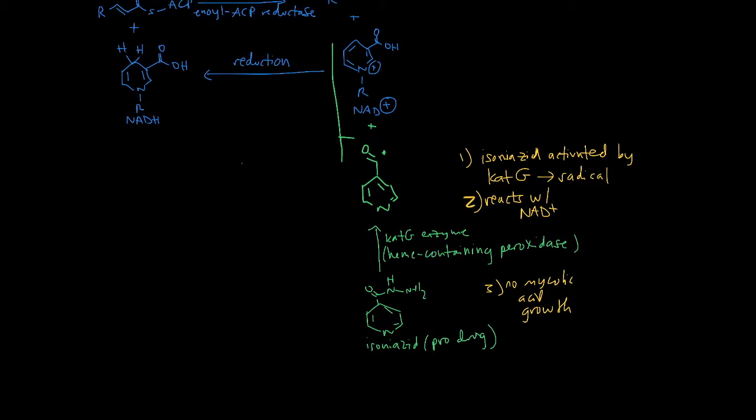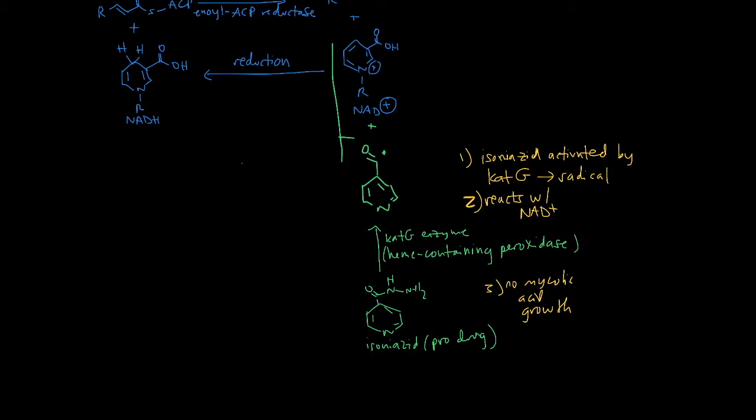That's what heme-containing peroxidase means. Then this radical reacts with NAD+, and therefore you get no mycolic acid growth because you stop the step of NAD+ going to NADH, and NADH reacting with the subunit, and the subunit cannot be extended by InhA and enoyl-ACP reductase.